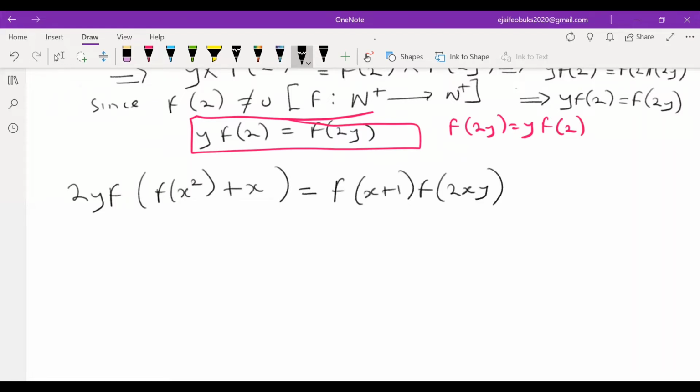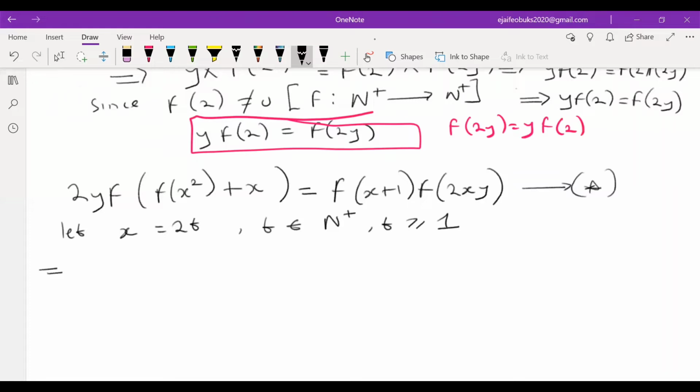Now I say let x be equal to 2t, where t is a member of the set of positive integers, t greater than or equal to 1. Then substituting this, let's call this equation star.